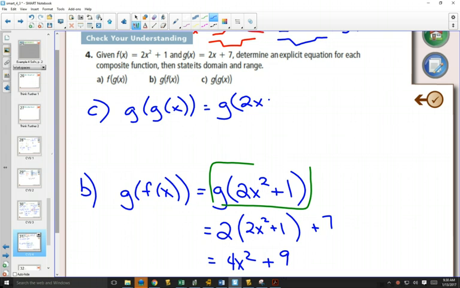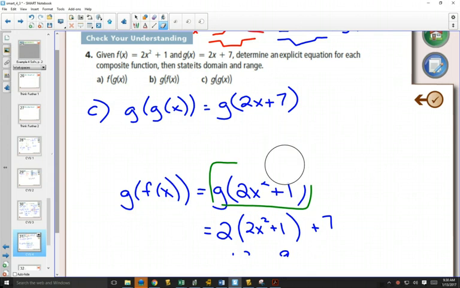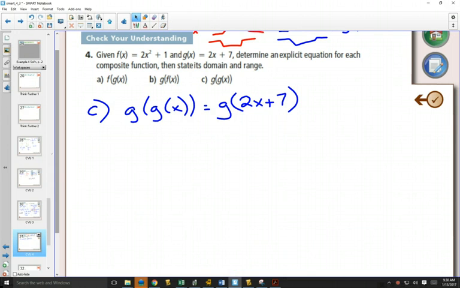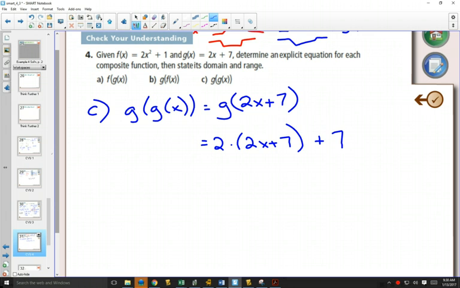A 2x plus 7. And then if you put a 2x plus 7 back into the G machine, what it does is whatever you put in gets doubled and you add 7. So now I'm putting in 2x plus 7. That 2x plus 7 is going to get doubled and then you're going to add 7.